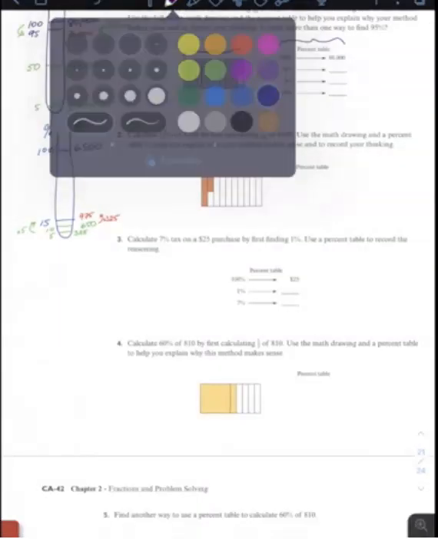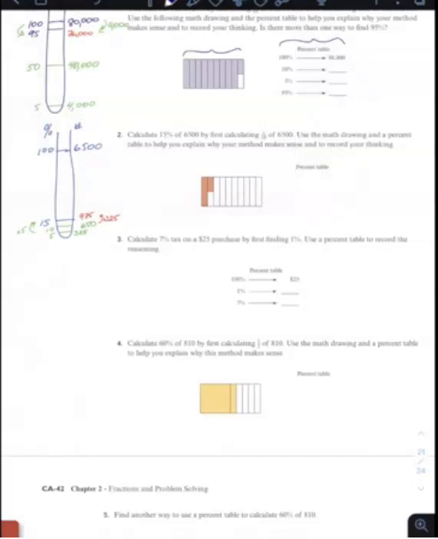For the next few problems, I'm just going to set up the percent thermometer with you, and I will then ask you to find the values on your own. So calculate 7% tax on a $25 purchase by first finding 1%. So one side is going to be percent for us, and the other side is going to be dollars, because we're looking at the cost of the whole purchase.